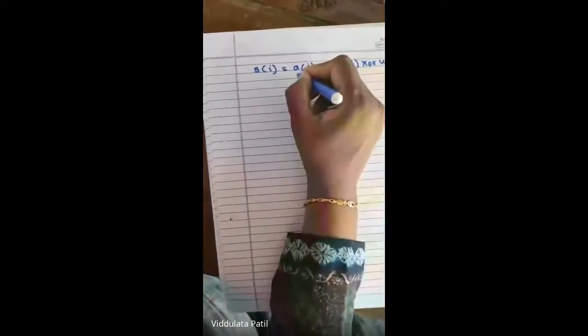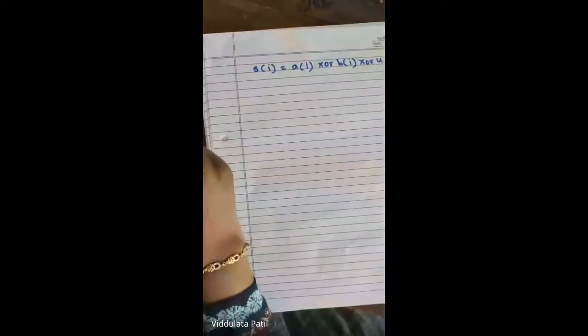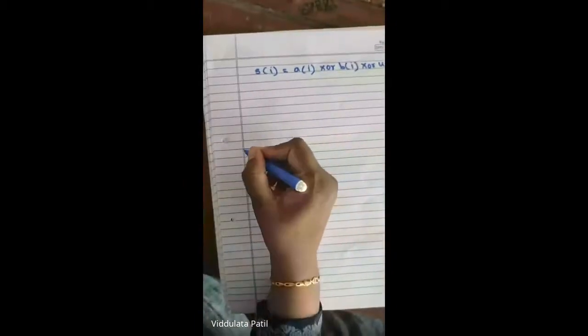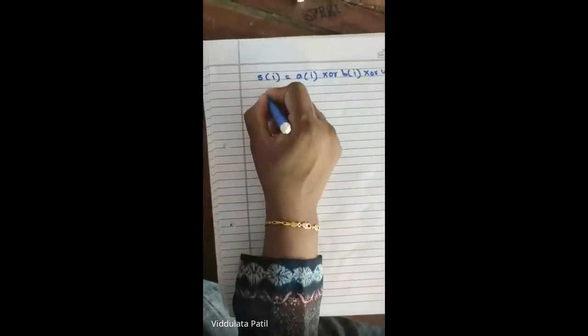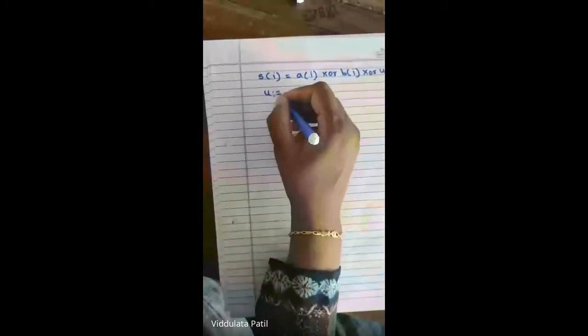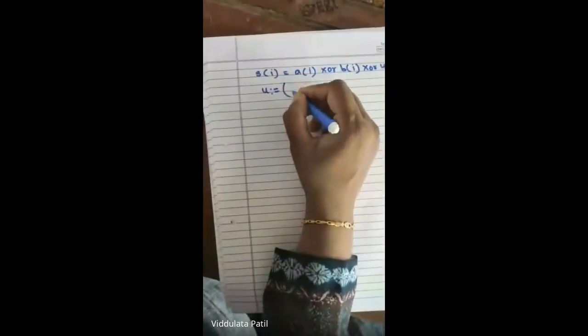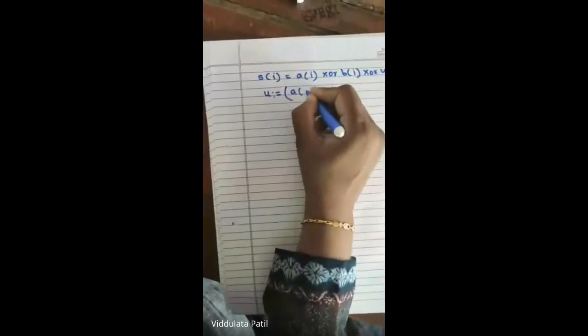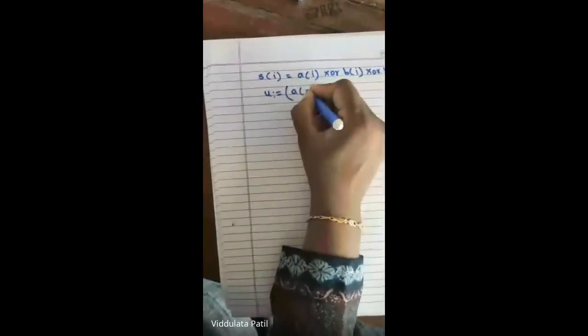So whatever is the C out from each of these calculations, that we are going to consider as the C in for the next. So here U will be assigned the value which is nothing but the C out for that full adder.